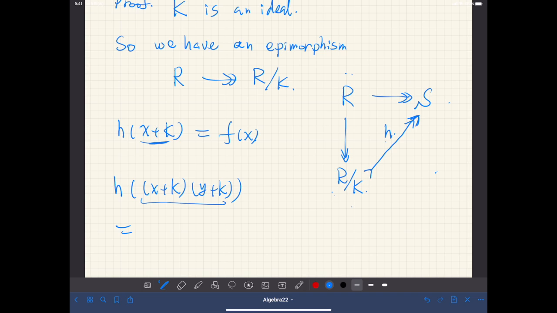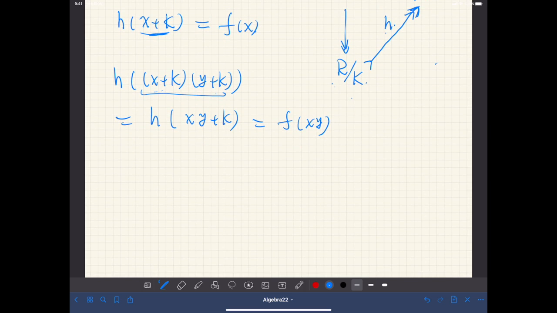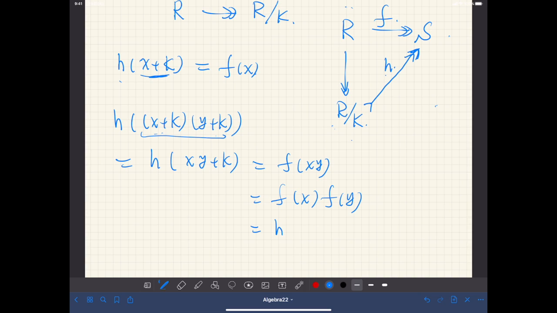By the definition of multiplication between these two cosets, this is xy plus K, and by the definition of h, this is equal to f of xy. But f is a homomorphism, so this splits into f of x times f of y. By the definition of h, this is equal to h of x plus K times h of y plus K.